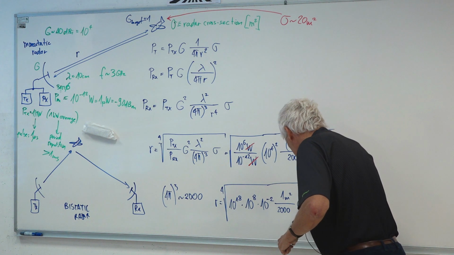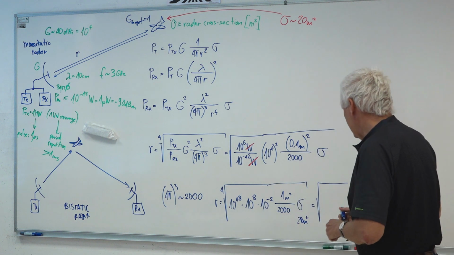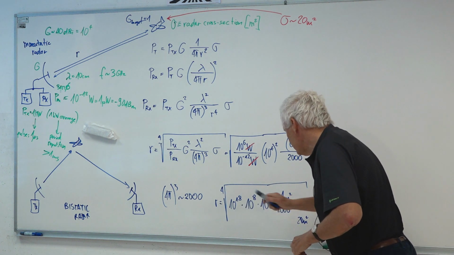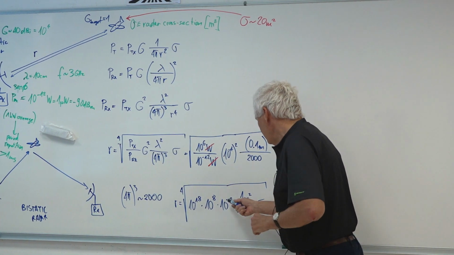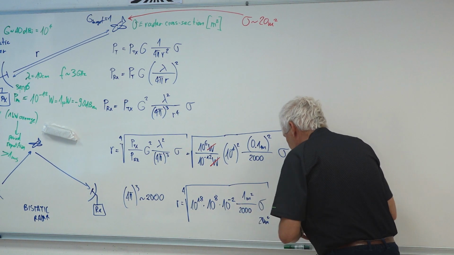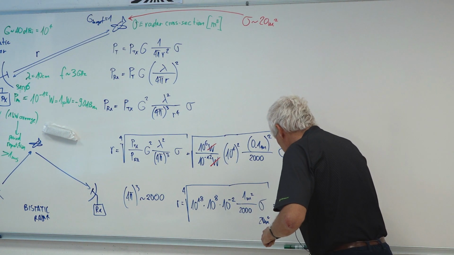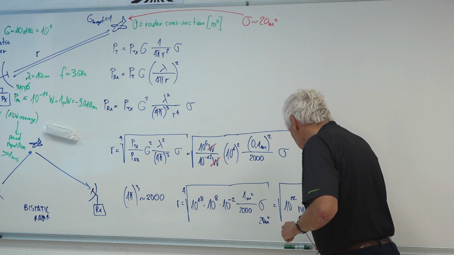If I put 20 meters squared here, I have 18 plus 8 is 26, minus 2 is 24, and I am left with another factor of 2, so 10 to the 22nd power of meters to the fourth power.